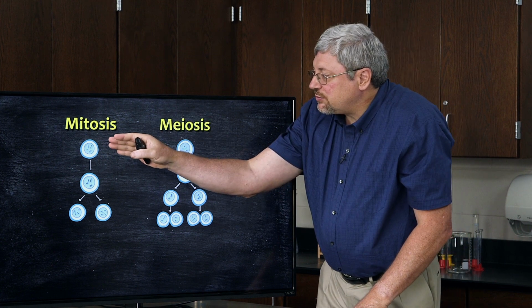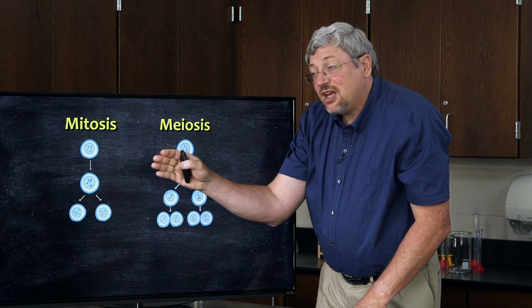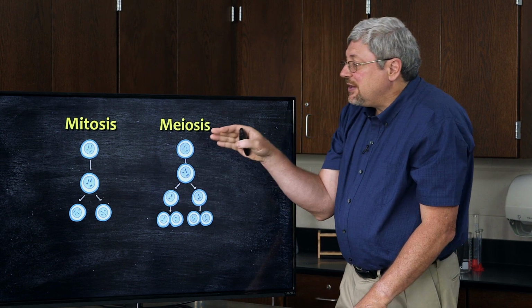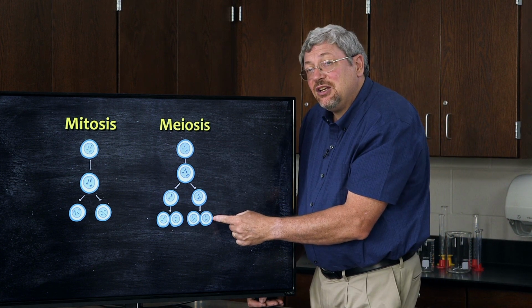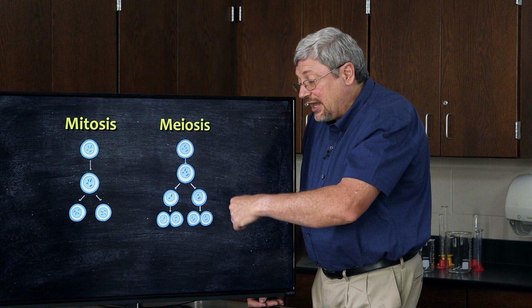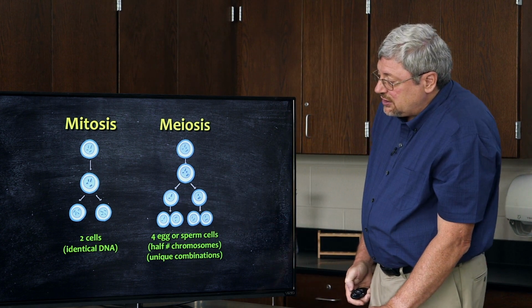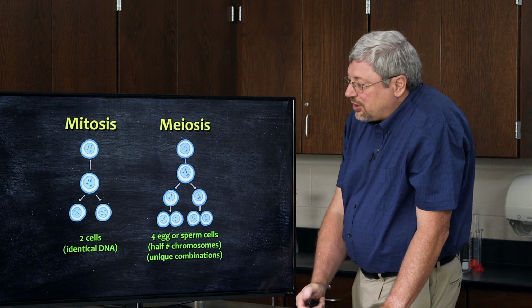Mitosis starts with a certain amount of DNA, and the exact same amount of DNA and the exact arrangement of DNA is in each of the 2 cells. In meiosis, we end up with half the amount of DNA in each resultant cell and in a unique combination. So the 2 result in a very different kind of end product.